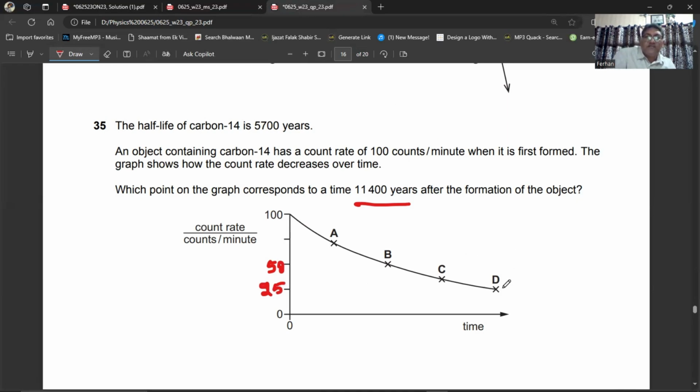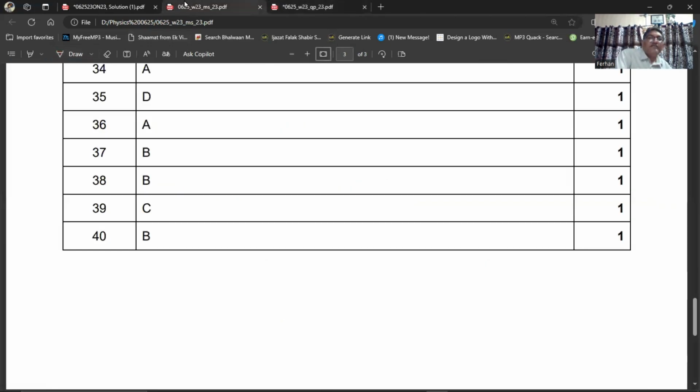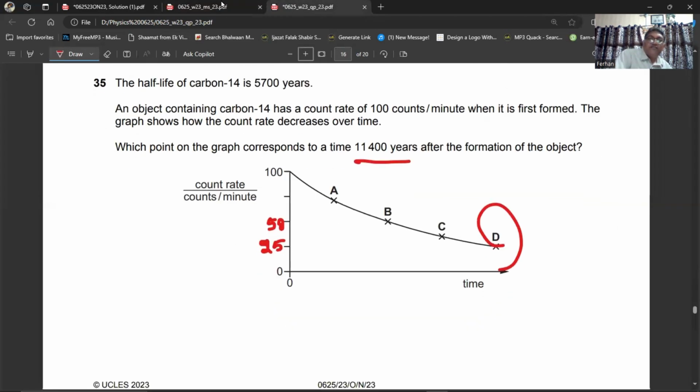I think it's D. After 11,400 years, two half-lives would have passed. From 100, it will go to 50 in one half-life. From 50, when another half-life passes, it will go to 25. So I think D is the right option, sir. Question number 35, D is the right option.